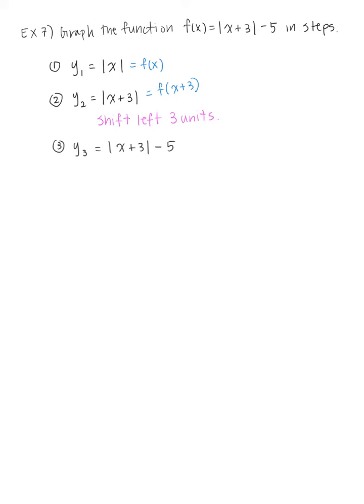We're going to have to shift the y sub 2 5 units downward, because this is the equivalent of saying y2 and then minus 5. So I'm just going to write it as shift down 5 units. And that is precisely our f of x that we want to graph.